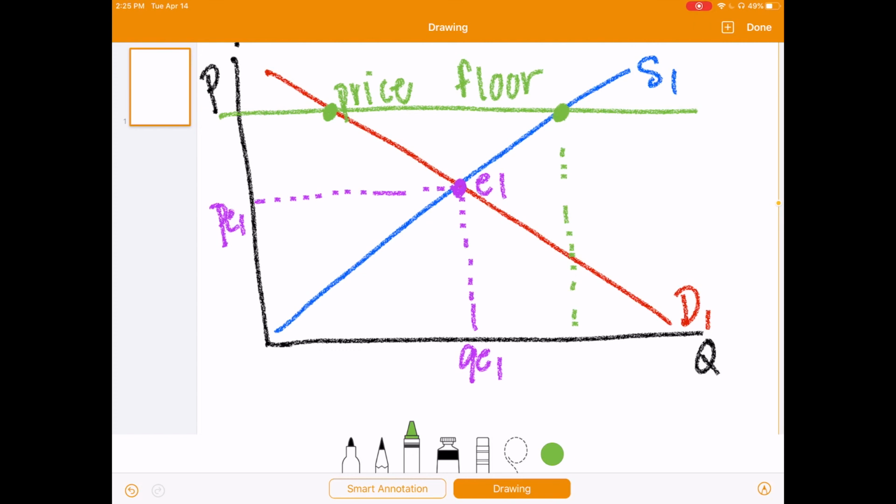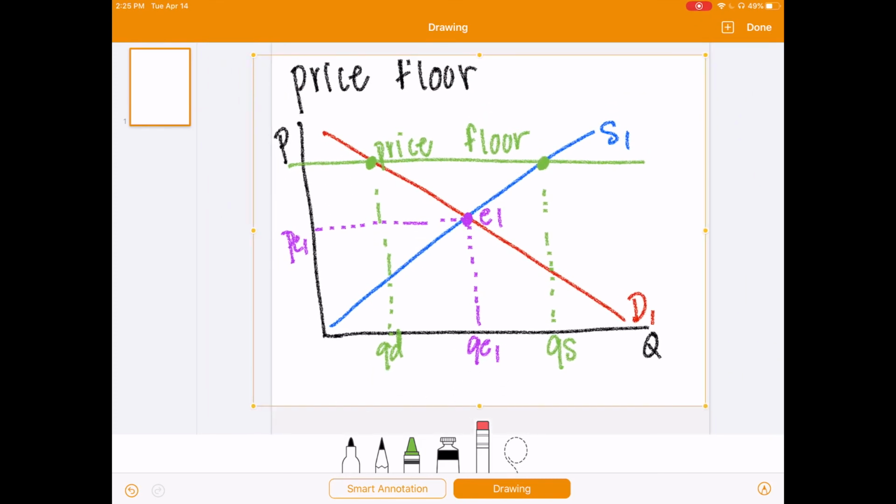So quantity supplied is here, and then quantity demanded is there. Here you can see that quantity supplied is greater than quantity demanded. So quantity supplied is greater than quantity demanded. This is also known as a surplus.